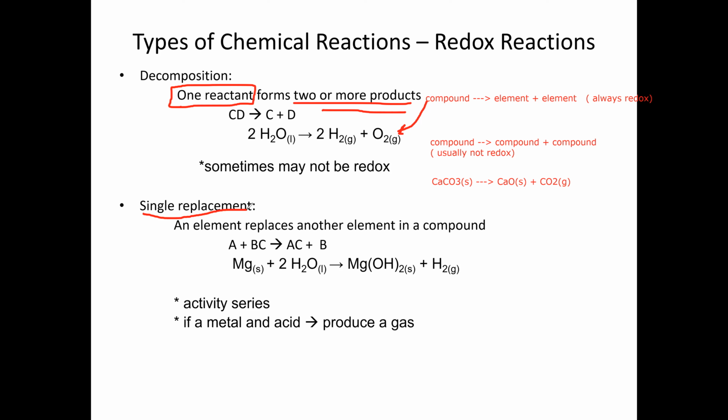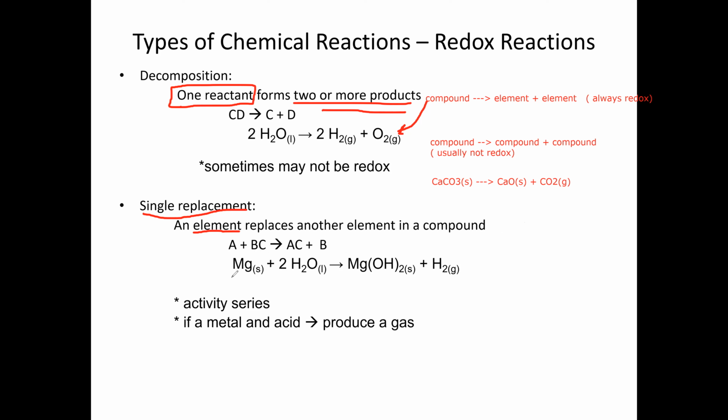We talked about this in the previous lecture, but in a single replacement reaction, the more active element likes to be paired up. So an element will replace another element in the compound as long as the element in its elemental form on the reactant side is more active than one of the species in the compound, then redox will occur.